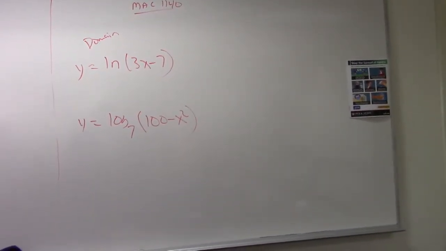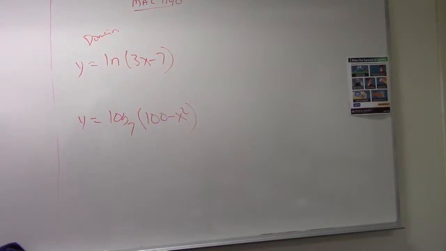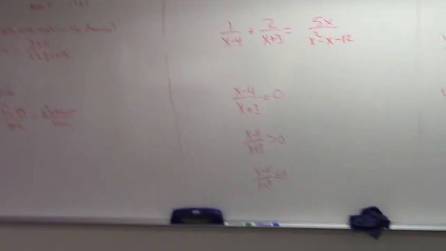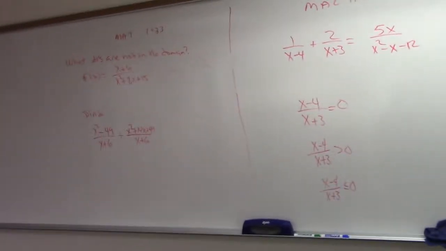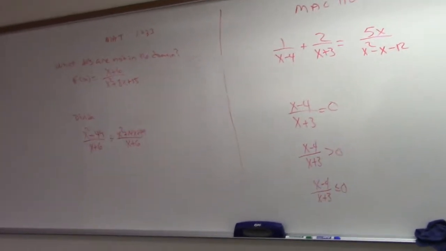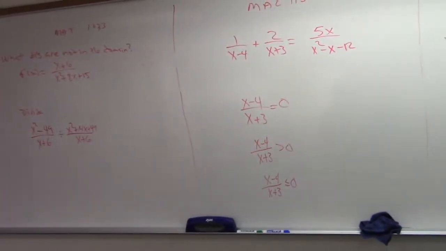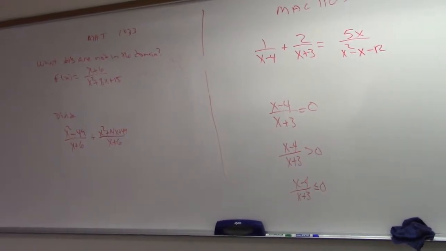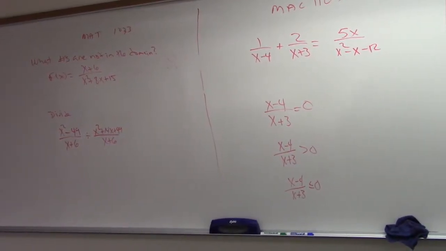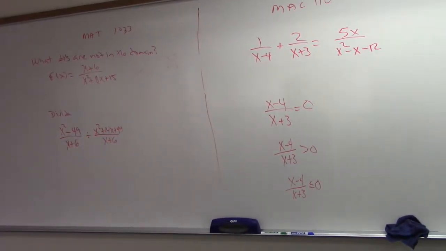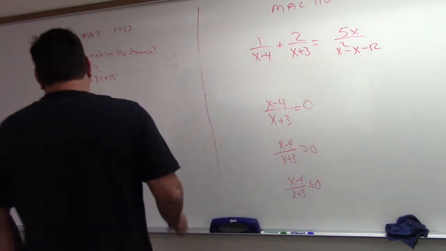Find the domain: ln of 3x minus 7, and log base 7 of 100 minus x squared. Finding domain for both? Yep. All right. What numbers are not in the domain, Sydney?